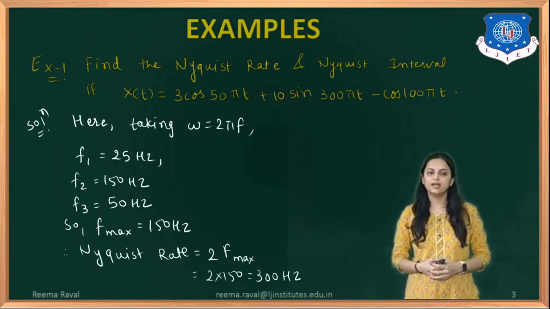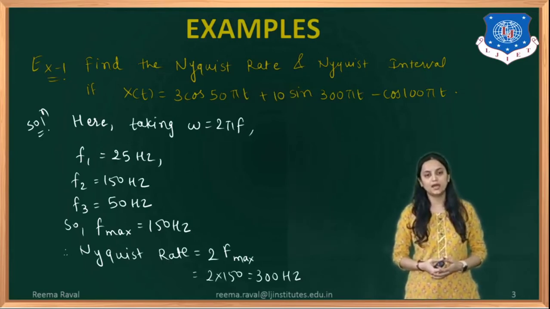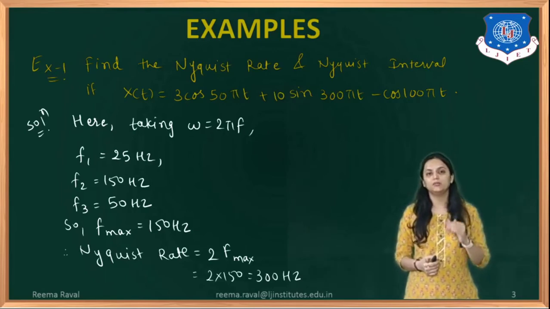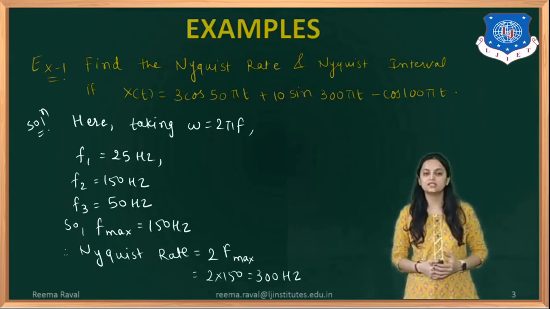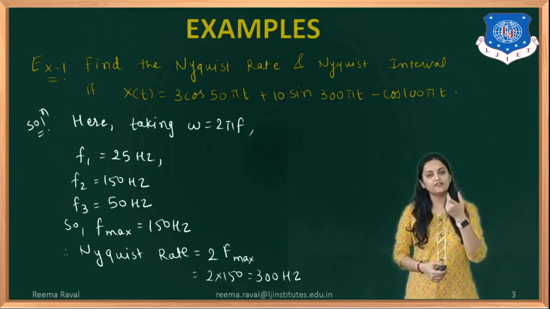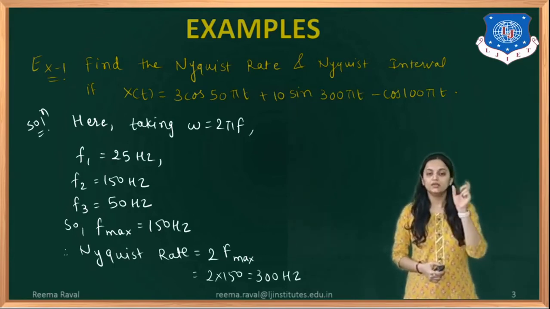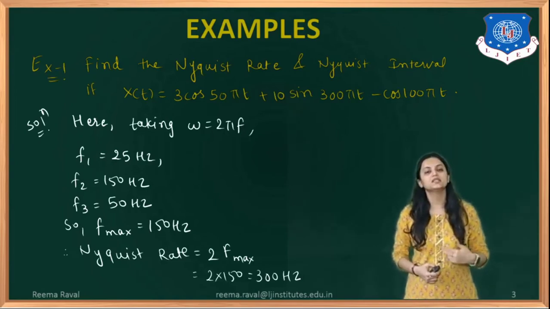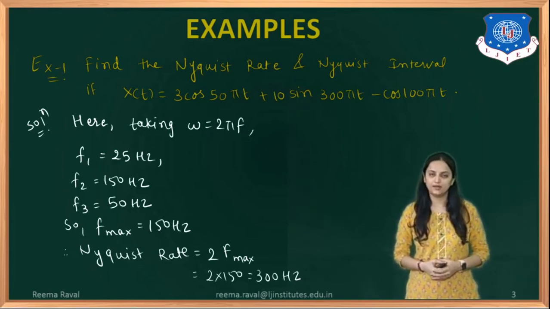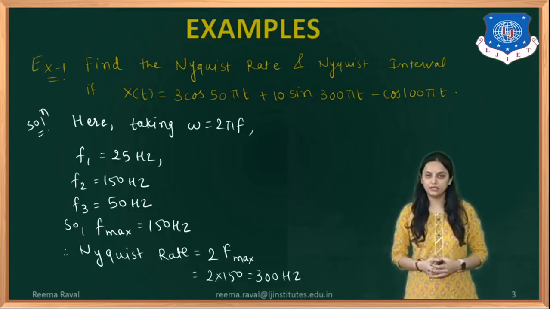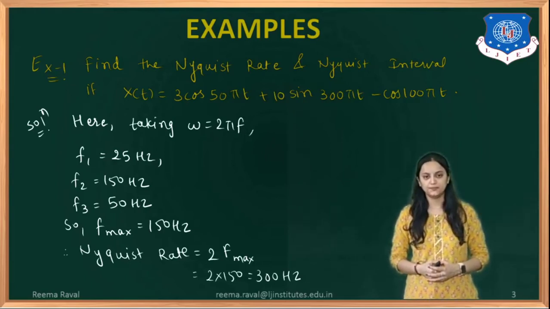If we simplify it, we can find the frequency from that, that is 25 Hz. Simply you can divide that term by 2 and you get the value. For example for the second term, 10 sin 300 pi t, we have 300 pi t in the bracket. If we divide that 300 by 2, we will get 150. That is our second frequency value, right? So here f2 equals 150 Hz, f3 equals 100 by 2, that is 50 Hz.